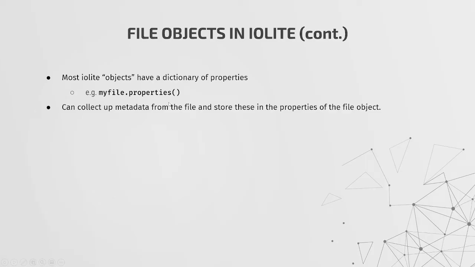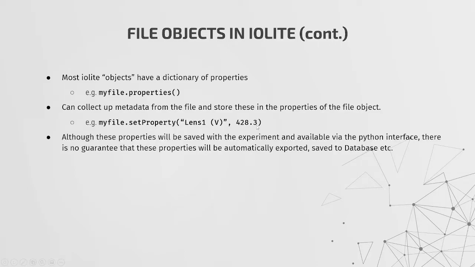So as I mentioned, we can collect up metadata from our file and store these in the properties of the file object using this line here. So the file object dot set property, and then the name of the property, and then the value for the property. Now I should point out that these properties will be saved with the experiment, and you can use them in your modules and in other parts of the Python interface, but there's no guarantee that these will be automatically exported by, say, Iolite's file exporter, or when you import them into the database.